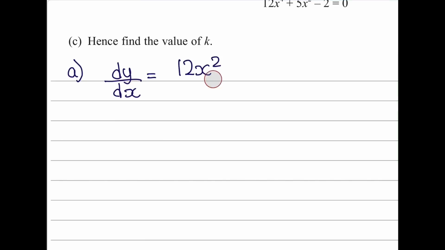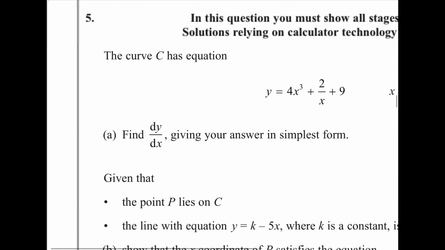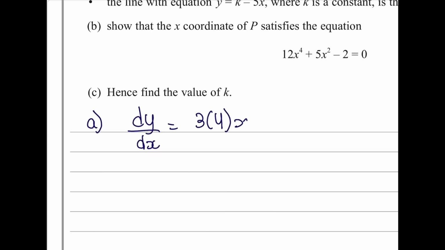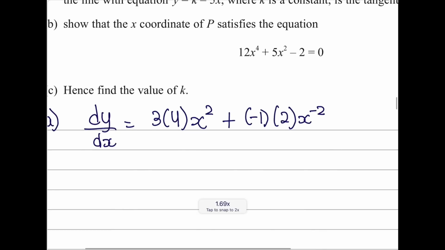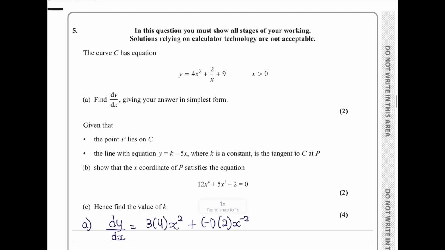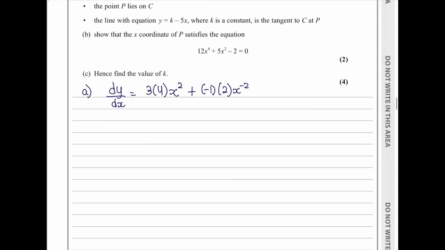I should probably write this down simpler so that you guys can understand. So dy over dx can be written down as 3 into 4 x raised to 2 plus x raised to negative 1, so if I multiply negative 1 with 2 and x raised to negative 2, 9 would not exist, because 9 is one of the x terms, so it cannot be raised.